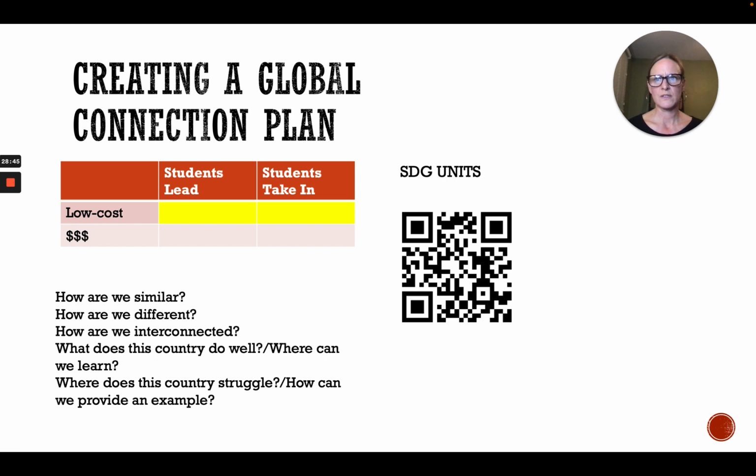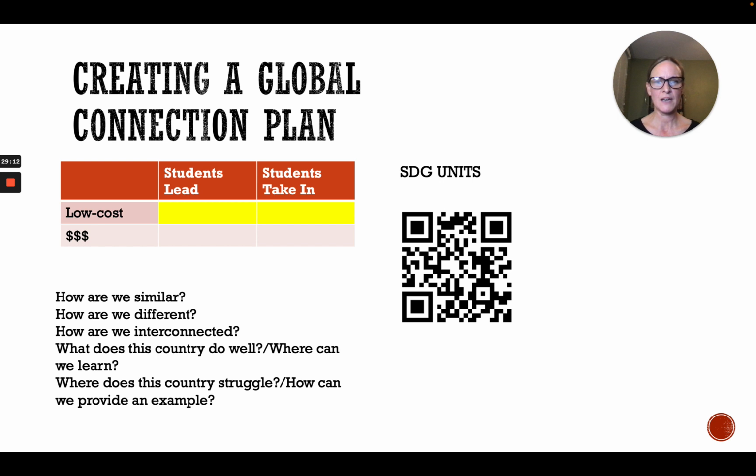Sustainable Development Goals. The United Nations set up the Sustainable Development Goals as a way to work toward a better world together. So what I like to do in my units, I recognize I'm really lucky, I teach in a context where I don't have to follow any certain textbook.